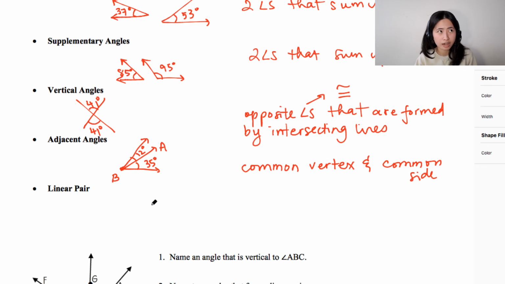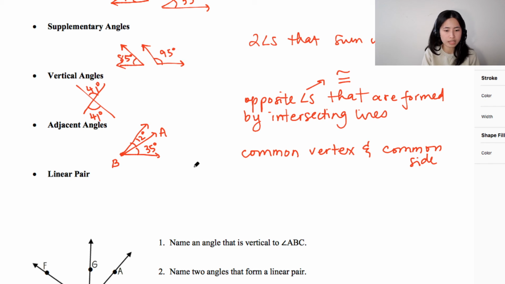So for linear pairs, maybe we can use 82 degrees as an example. You have a straight angle here, and it's comprised of two angles. So you have 82 degrees, and 180 minus 82 is equal to 98. So this has to be 98 degrees.